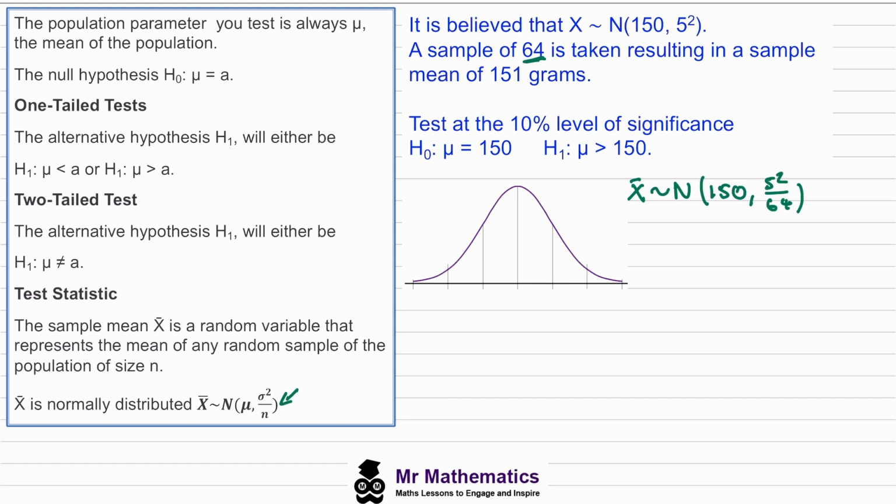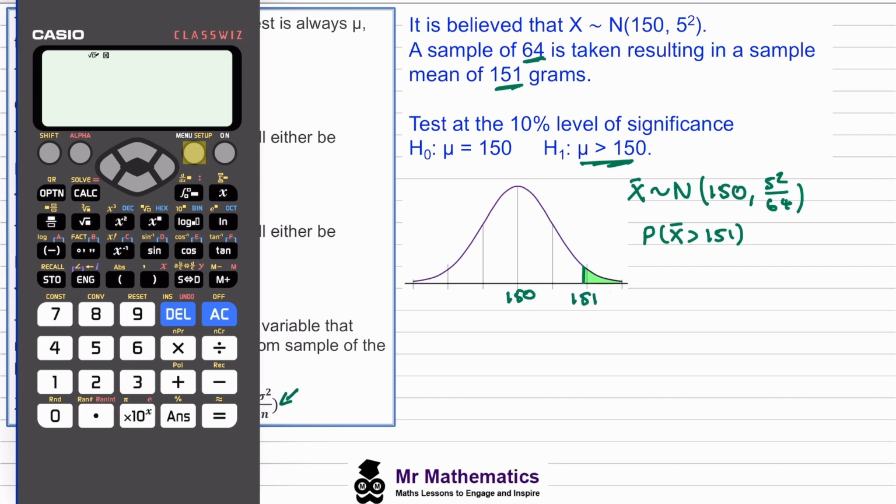So if we look at our distribution curve, we've got our mean as 150, and because the alternative hypothesis is greater than 150, we're looking towards the right, and we're told that the sample mean is 151. So what we need to work out then is the probability of the sample mean being greater than 151 grams. So we need to work out this area shaded in green, and we can do this using our calculator.